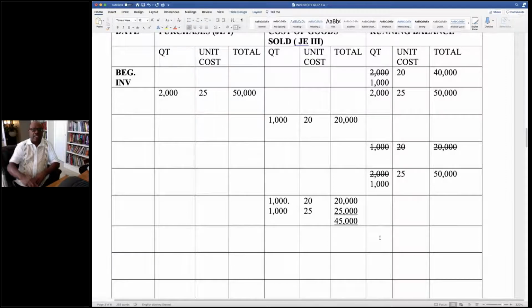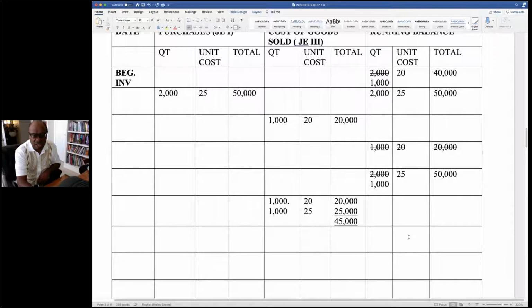And we'll come back to the same problem so you know what you're working on. If you can do LIFO, go on and do LIFO, and then do weighted average on the same problem. And you see the synergies you get.